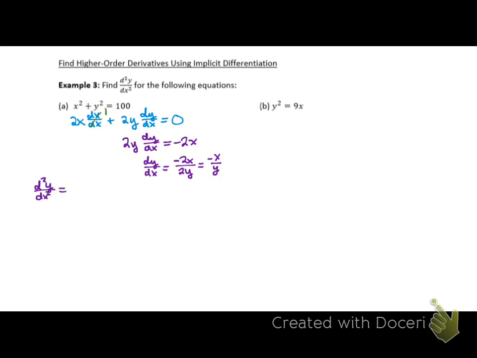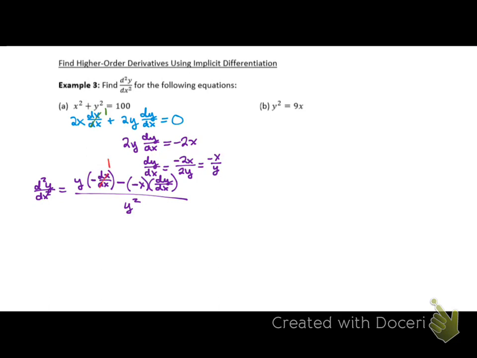We have low d high, so y times negative dx/dx, minus high d low, so negative x times dy/dx, over low low, which is just y squared. Now we do need to simplify. It's very, very important that we simplify.